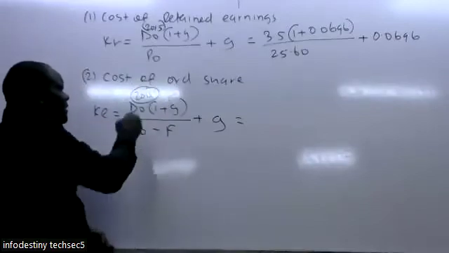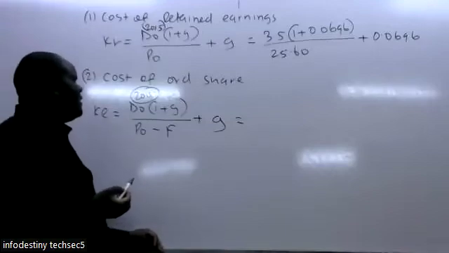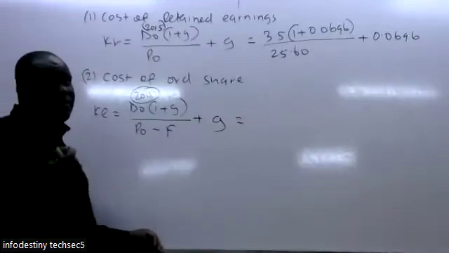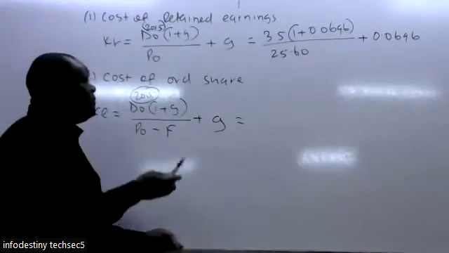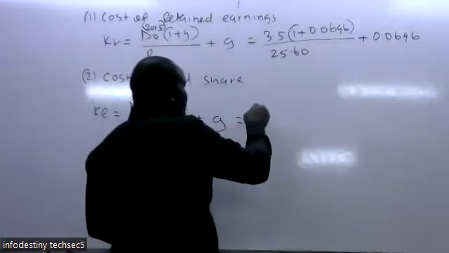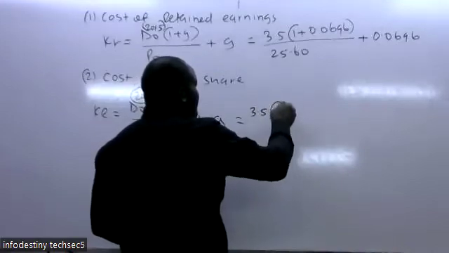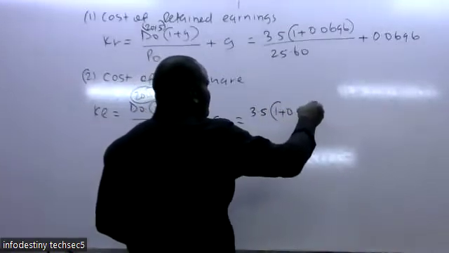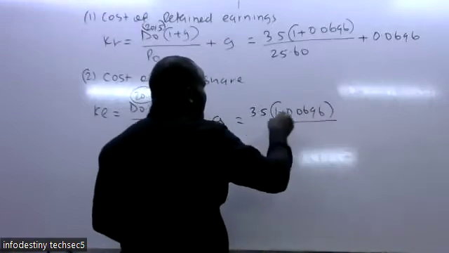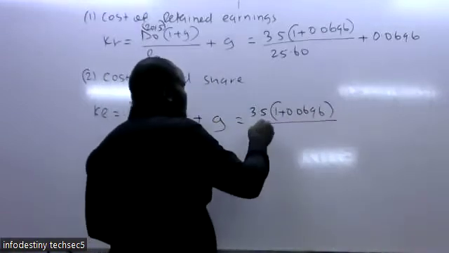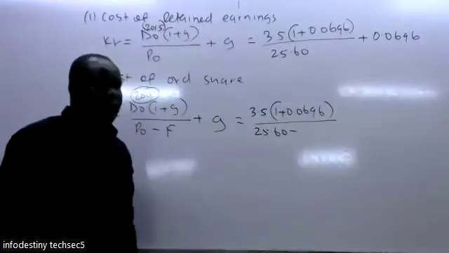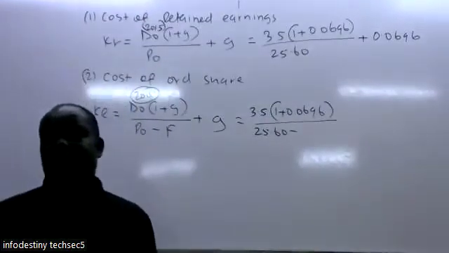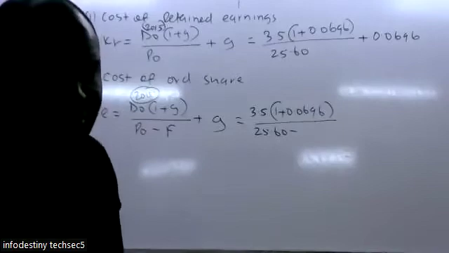We say that cost of the retained earnings and the ordinary share are the same, but for the ordinary share, there's an element of what? The flotation cost. We just repeat what we have up there as 3.61 plus 0.0696. We divide by P0, which is 25.60. Then you subtract the flotation cost. So the question had given you a flotation cost.